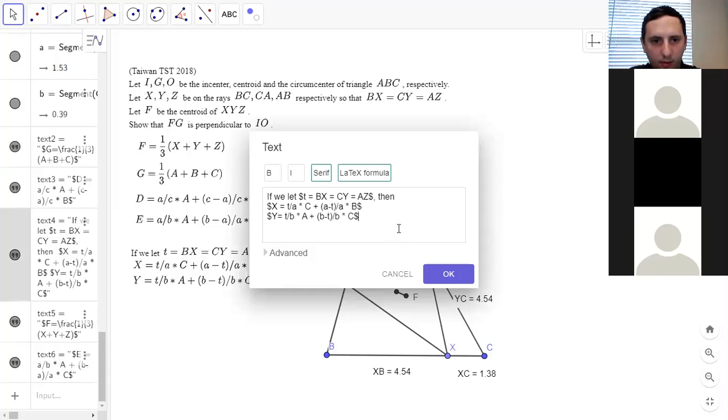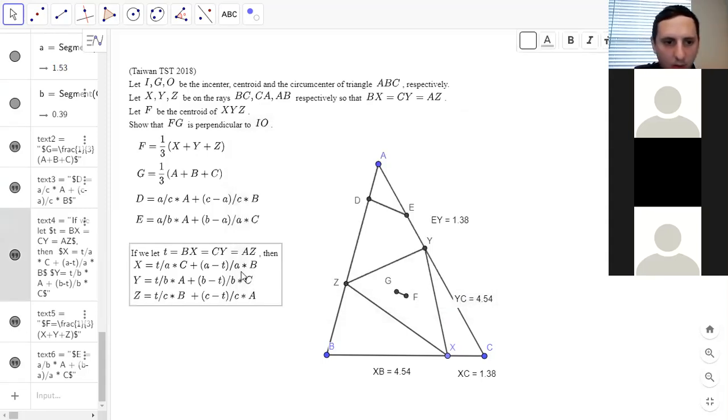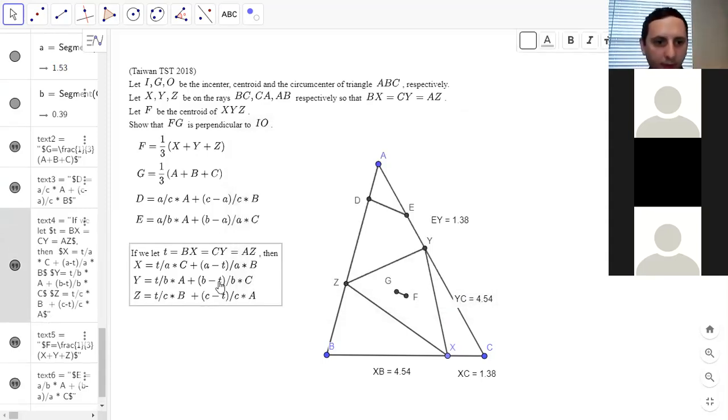And then Z equals T over C times B plus C minus T over C times A. So if we average these three, that's what F is. And then if we average A, B, and C, that's what G is.